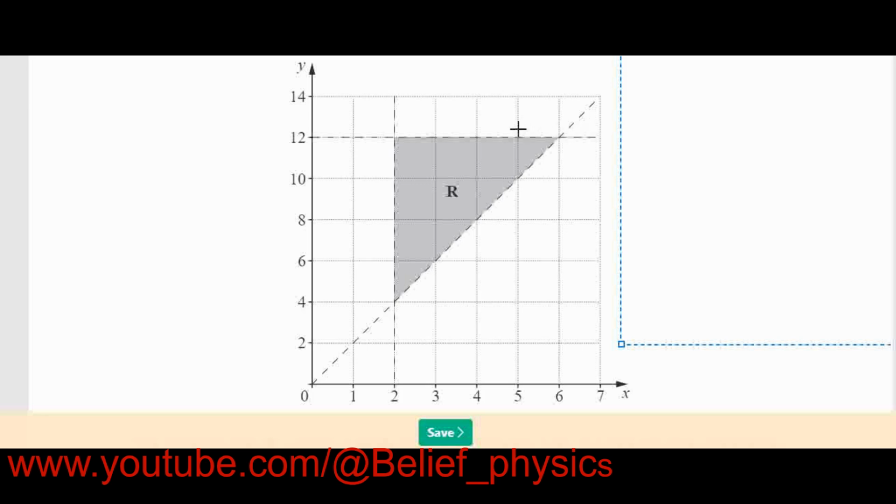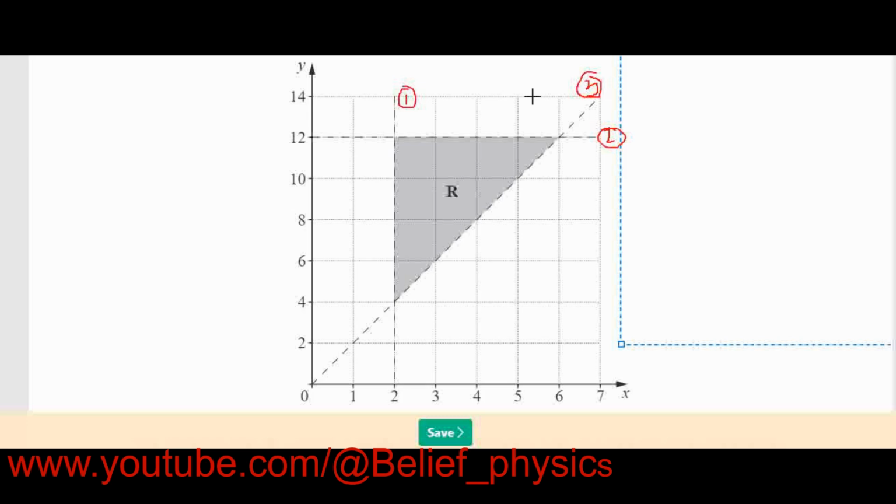I mark them as, let's suppose, this is boundary line number 1, this is boundary line number 2 and this is boundary line number 3. These are the three boundary lines of the shaded region, which is defined by three inequalities.